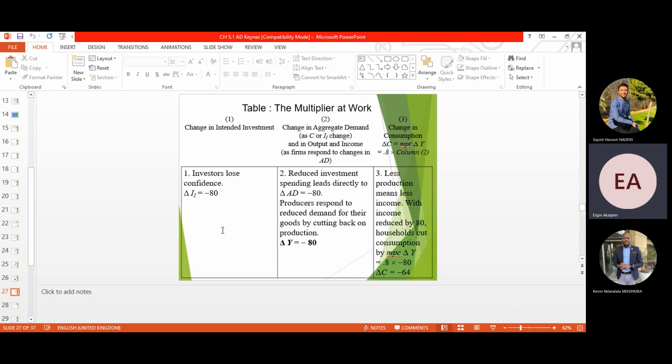Here the marginal propensity is 0.8 and the change in the disposable income is 80. Therefore, when you multiply 80 by B, the marginal propensity to consume, it will give you this reduction in the consumption.